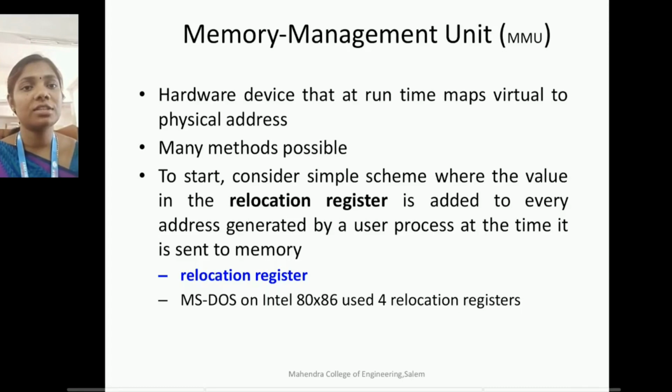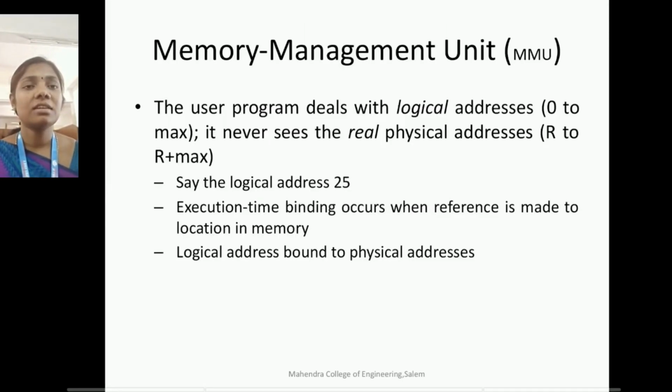The relocation register is where we add some generated value to the actual physical address and create a logical address. Through that logical address we execute the data, and if necessary store it back into the physical address. That is taken care of by the memory management unit.